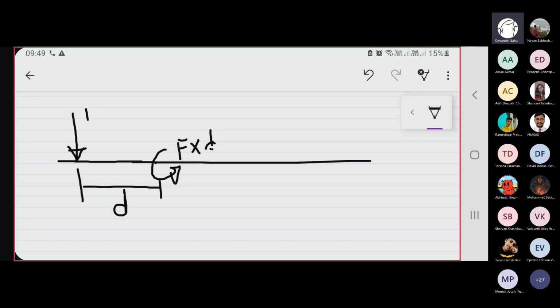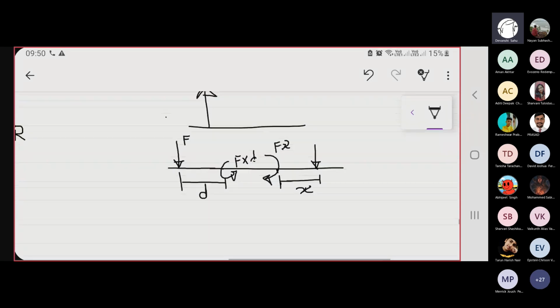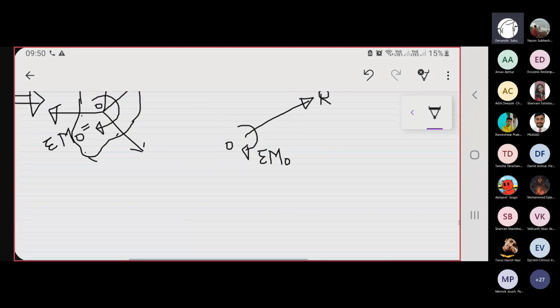D. So F into D. If anti-clockwise, F into X. So from here at X distance, there is a force acting like this. Okay. So we can convert a moment into a force system also.